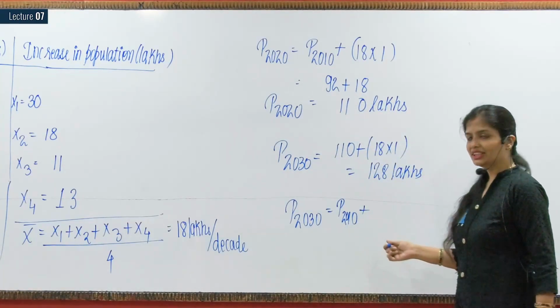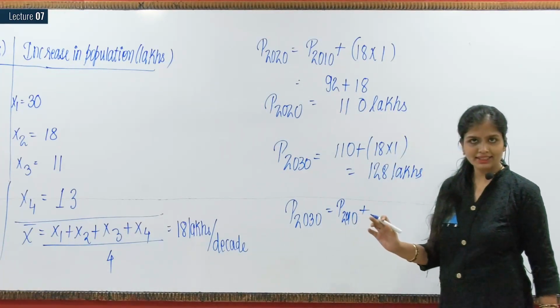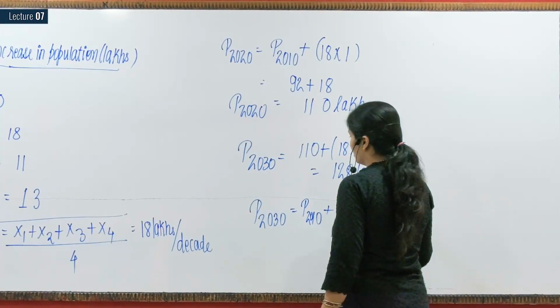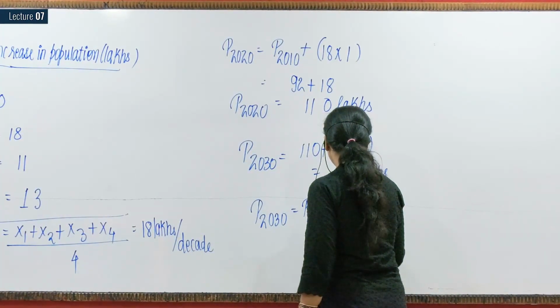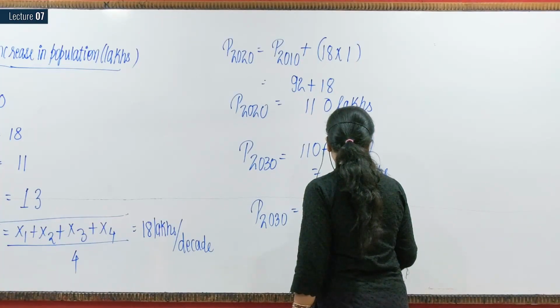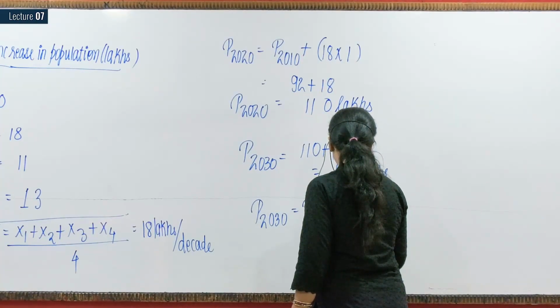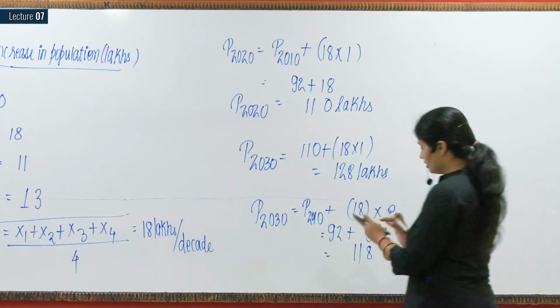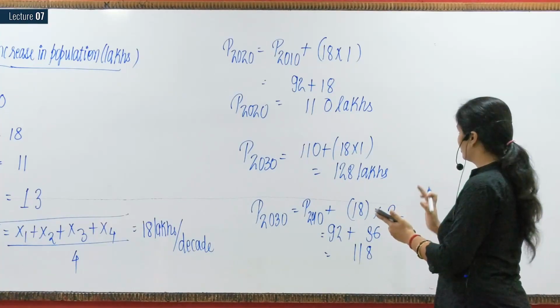What is the difference between these two? 2 decades. So this is 18 into 2. 2010 was 92. See, you're getting a different value here. No. Yeah. Here it was 92 plus 18, here it was 110.